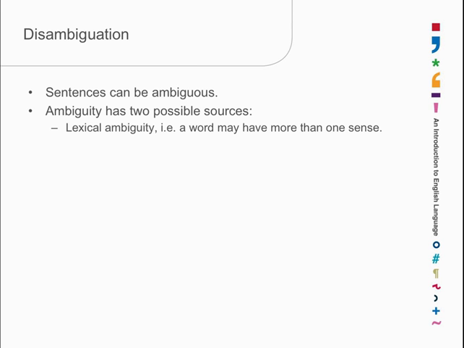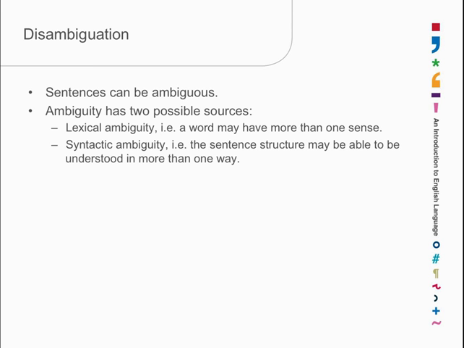Lexical ambiguity, where a word may have more than one sense, and we saw that such words are called polysemous, so we have words with more than one sense. Well, in context, they may not have all of those senses. And then there's syntactic ambiguity, where a sentence structure may be able to be understood in more than one way. And again, in context, both of those may not be accessible to us.